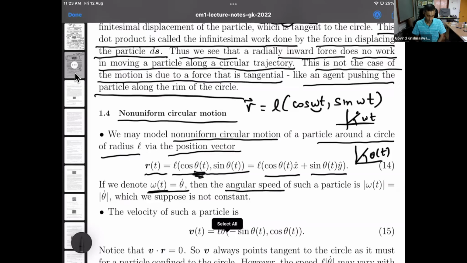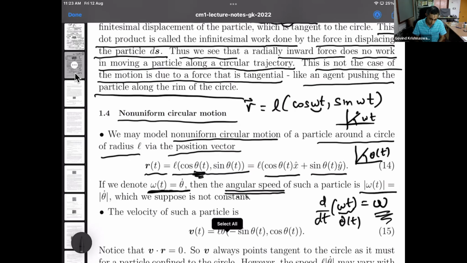That is motivated by the previous case where d by dt of omega t was simply omega, which was called the angular speed. Here we replace omega t by theta of t. So the time derivative of the angle will simply be called omega. It is no longer necessarily a constant. It is some function of time, which we'll call the instantaneous angular speed.